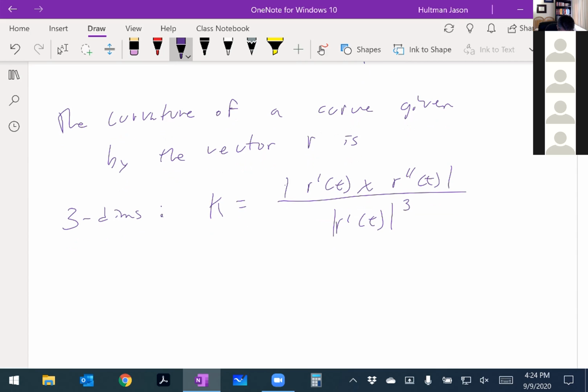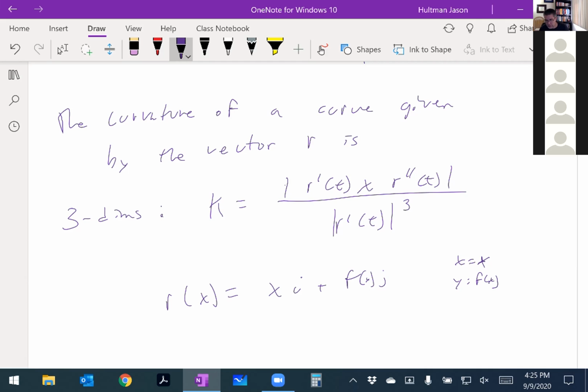Okay, in 2 dimensions, if you have r of x equaling x i plus f of x j, this is how you would parameterize just a function of x. So just think of this as y equals f of x. So x equals x and y equals f of x. How would you parameterize that as a vector?